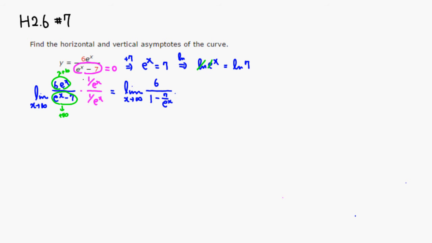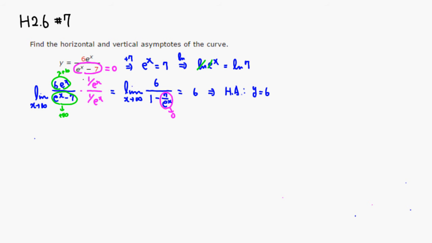As x approaches infinity, e^x goes to infinity, so 7 over e^x approaches 0. Therefore, we have 6 over 1, which is 6. So this tells you that there's a horizontal asymptote whose equation is y equals 6. That's one of them.